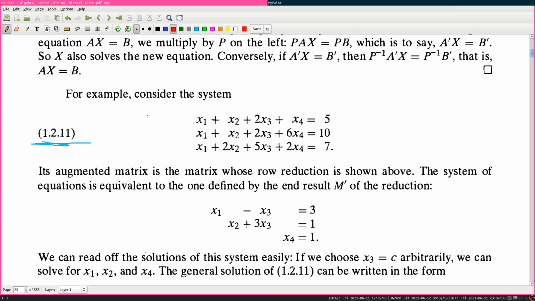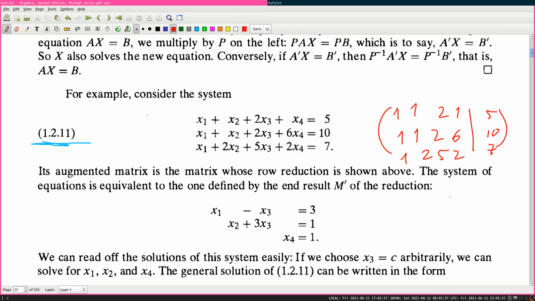So: 1, 1, 2, 1; 1, 1, 2, 6; 1, 2, 5, 2. And then it's augmented, so 5, 10, 7. That's the matrix above. I don't like this augmented nonsense.